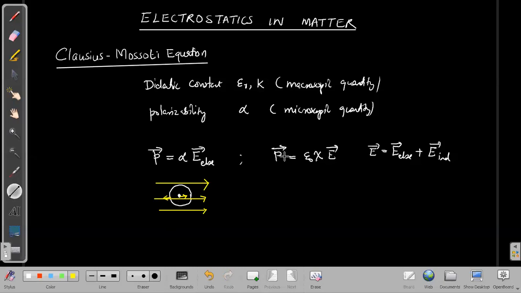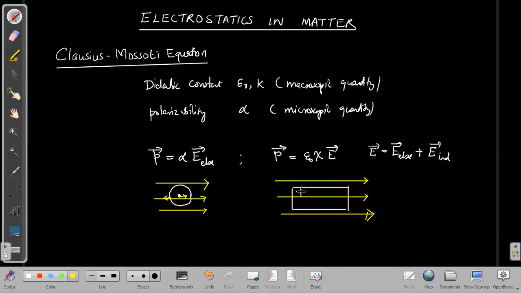Whereas the polarization is usually defined in the case of bulk matter. If you have a bulk matter which contains a very large number of atoms or molecules and you apply a field, again some dipole moment would be induced here. Due to this field, the shape of the atom would change.